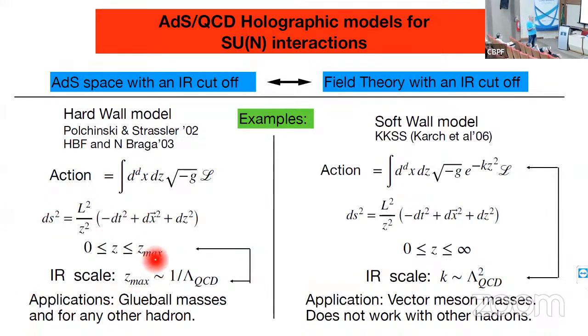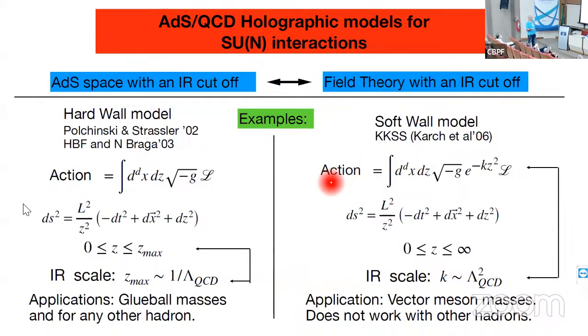And this size defines an infrared scale, which can be identified with the inverse of z max. z is the inverse of an energy, so it can be identified with 1 over lambda QCD, for instance. In this work we did some applications calculating glueball masses, and this was also extended to other hadrons. I'm going to say more about this today.